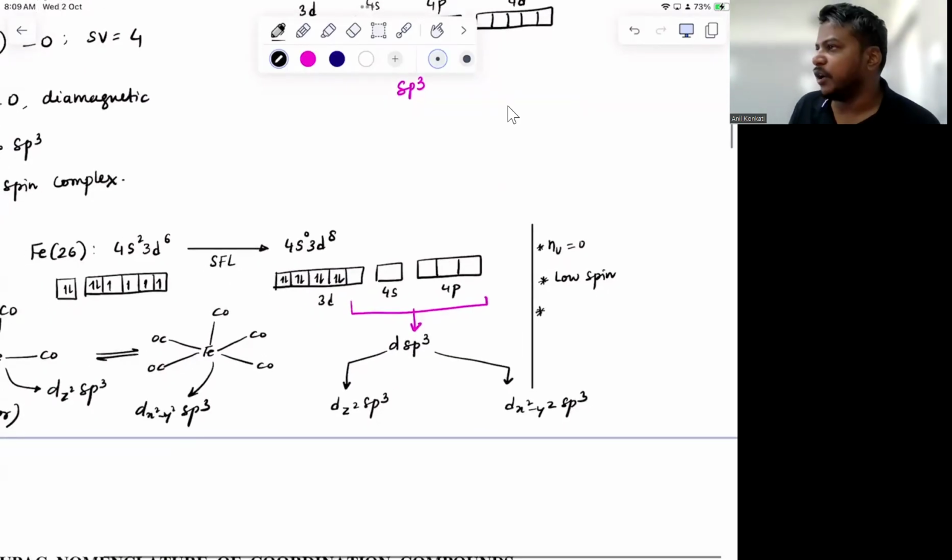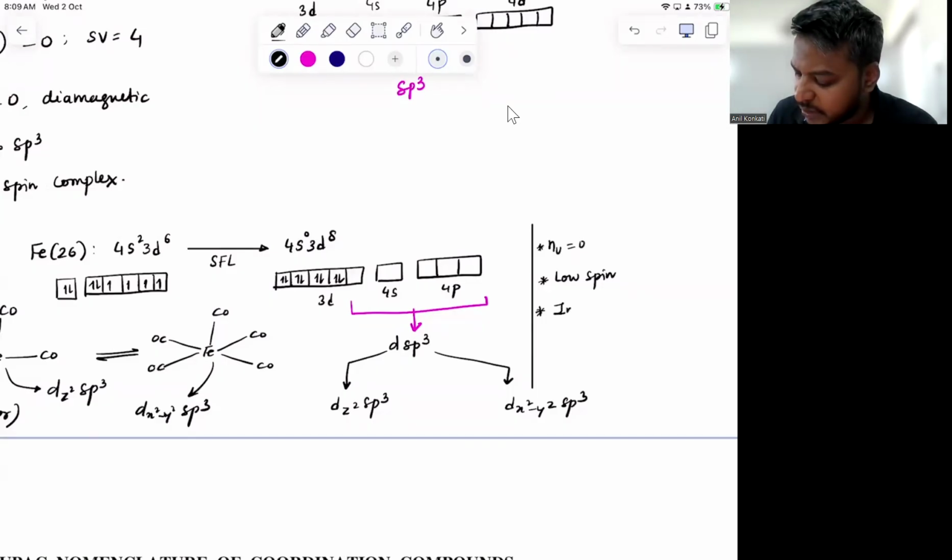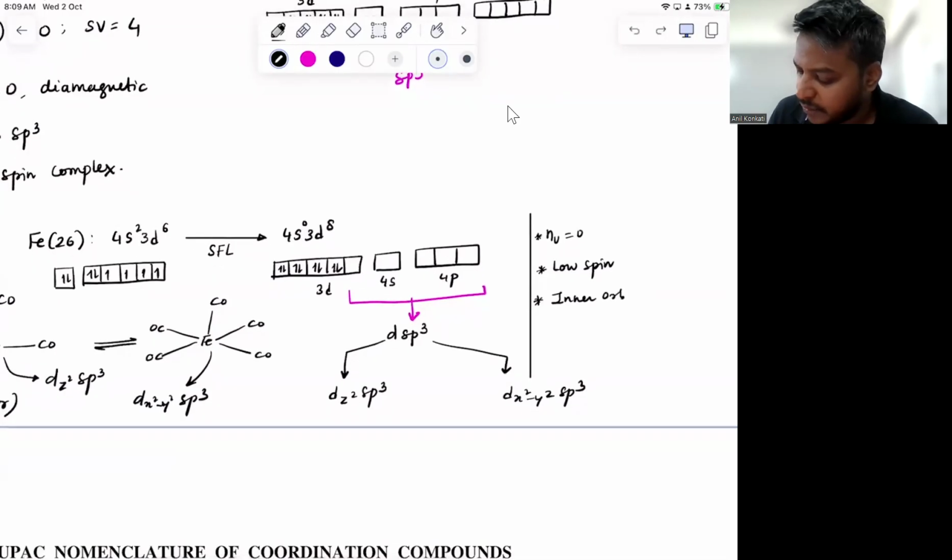Now, when a d orbital is present in the hybridization, and you are using an inner d, that means 3d, along with 4s, then such complexes are called inner orbital complexes. So this is one of the inner orbital complexes.